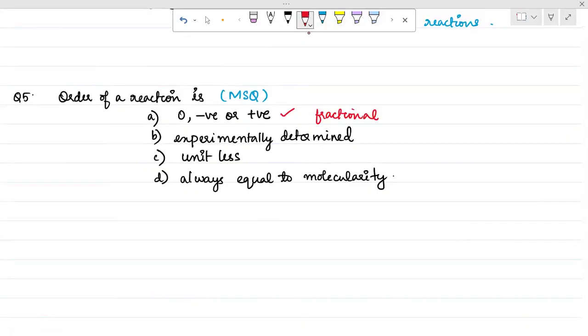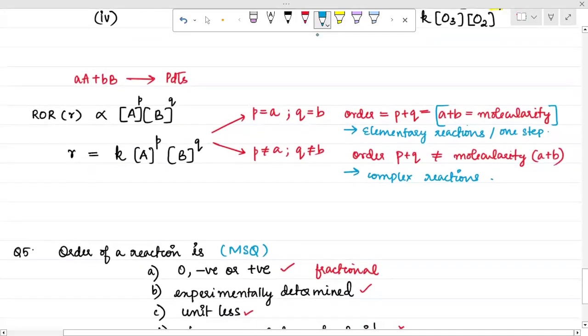This is experimentally determined. That is also right. It is just a number. It does not have any unit. That is also right. Option D, it's always equal to molecularity. That's wrong. It's not always equal to molecularity. It is equal to molecularity for elementary reactions, which we have already written over here.